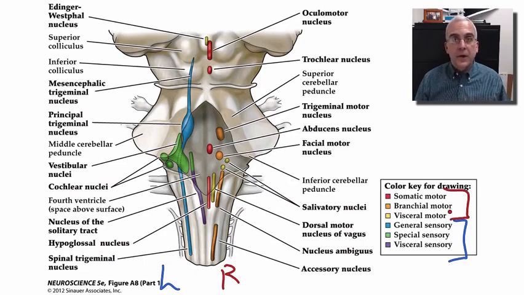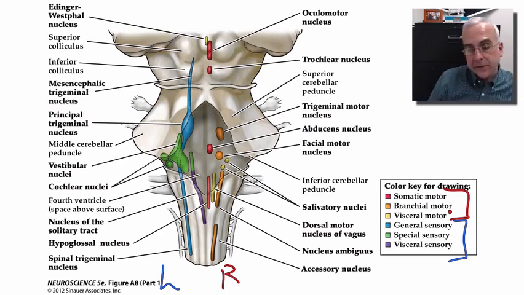Of course, the nervous system displays bilateral symmetry, so on each side we would have both the sensory and the motor nuclei. Imagine just folding this illustration of nuclei one side on top of the other, so that all of these nuclei would exist on each side of the brainstem. And that's what we have when we look into the brainstem itself.